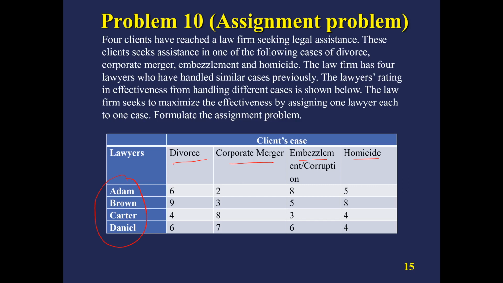Now we have to find out to whom each case has to be assigned. Now this is a specialized algorithm in which each person is assigned one case. He cannot be assigned to another case. All right. And for this type of assignment problem, we will see a general formulation in the next slide, how to formulate these assignment problems.